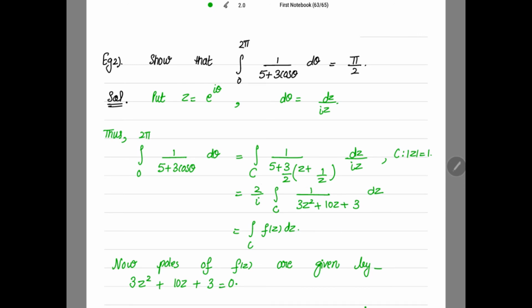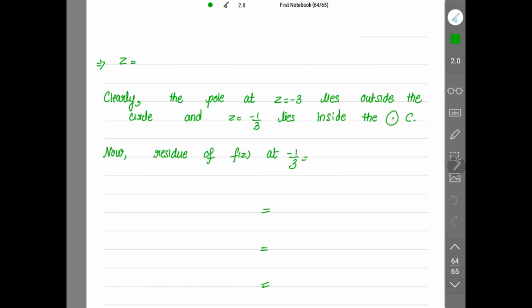Now, the poles of this function f(z) are given by taking this denominator equal to 0. After taking this equal to 0, I calculate z as minus 1 by 3 and minus 3. Which of these poles lies inside the circle mod z equal to 1?